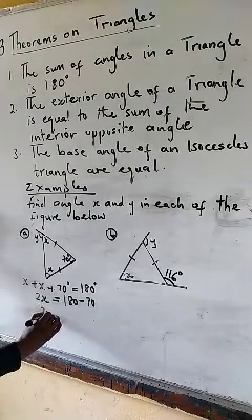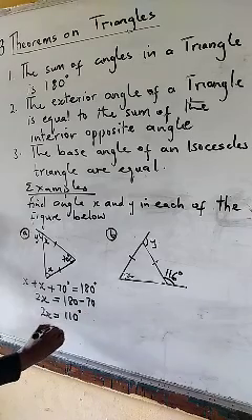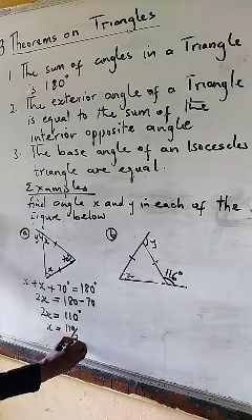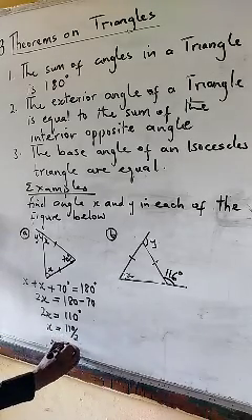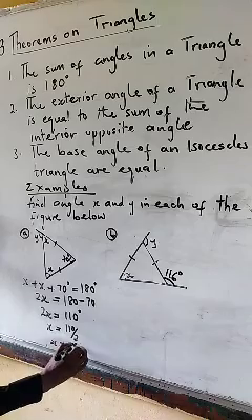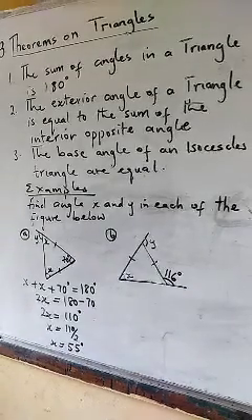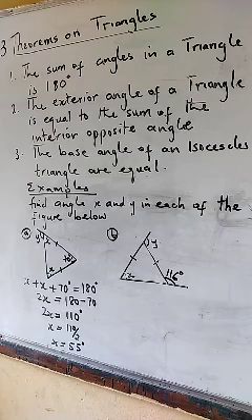So 2x equals 110 degrees, while x equals 110 divided by 2. So our x is 55 degrees. Now if x is 55 degrees, let's see how we get our y.